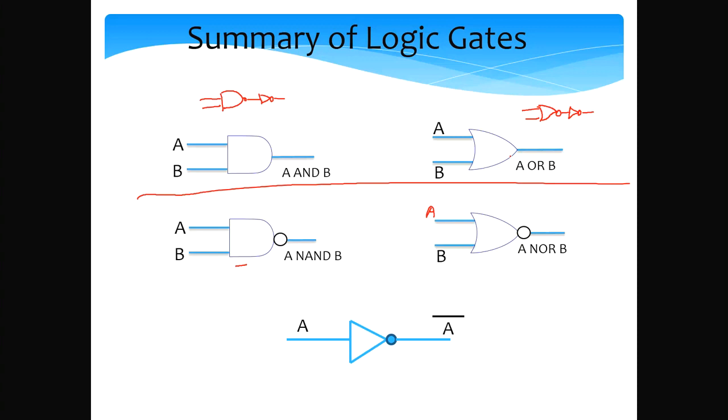So these are called basic logic gates: AND, OR, NAND, NOR, and the inverter, of course. Let me write an inverter over here.